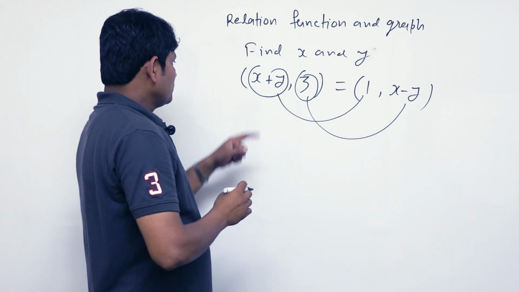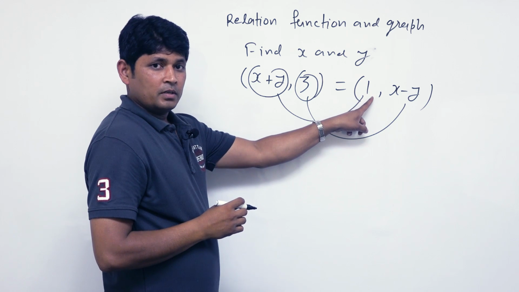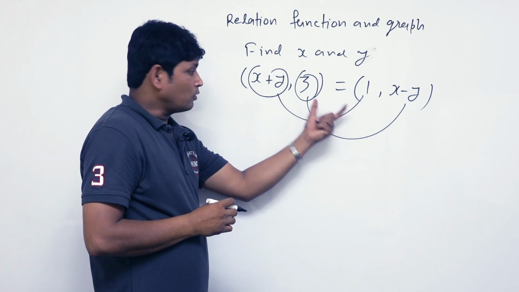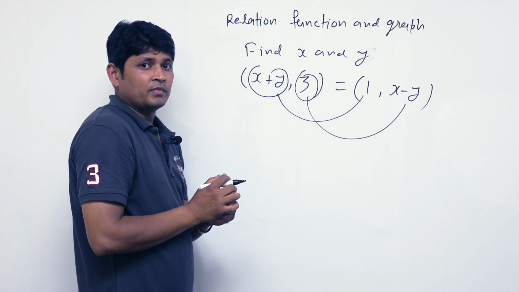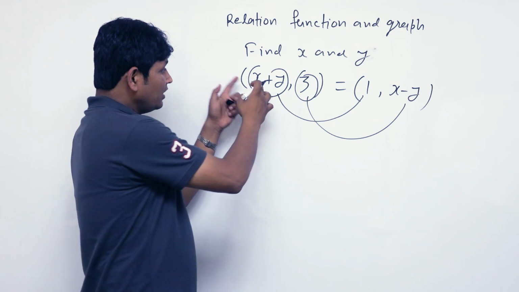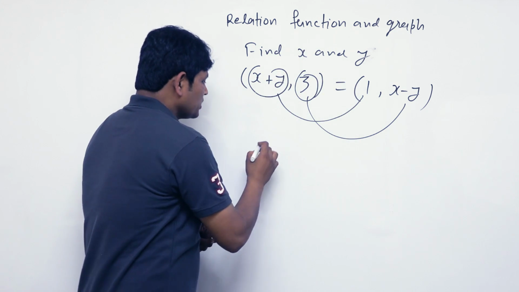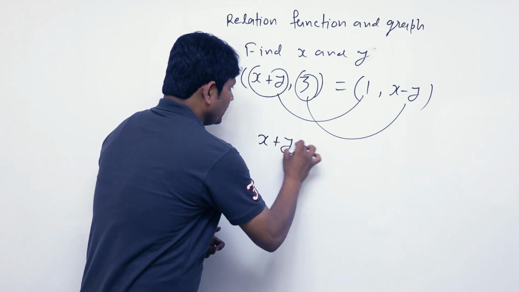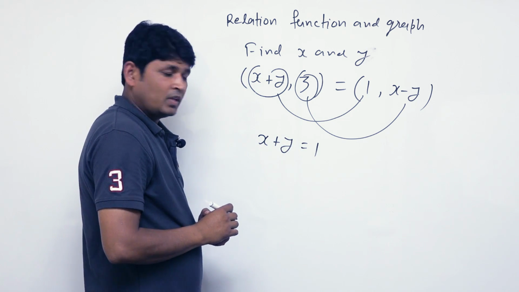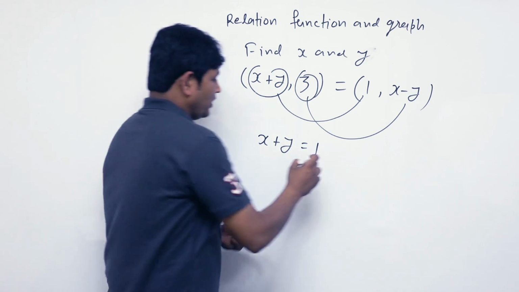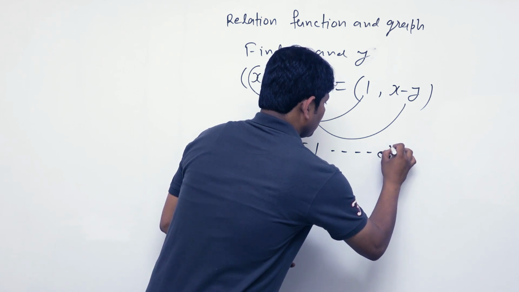Here is x plus y, but here is 1. The question says two ordered pairs are equal. If two ordered pairs are equal, then their corresponding components should be equal. Here is x plus y, here is 1. So you can write x plus y is equal to 1. This is an equation, so you can write this as equation 1.